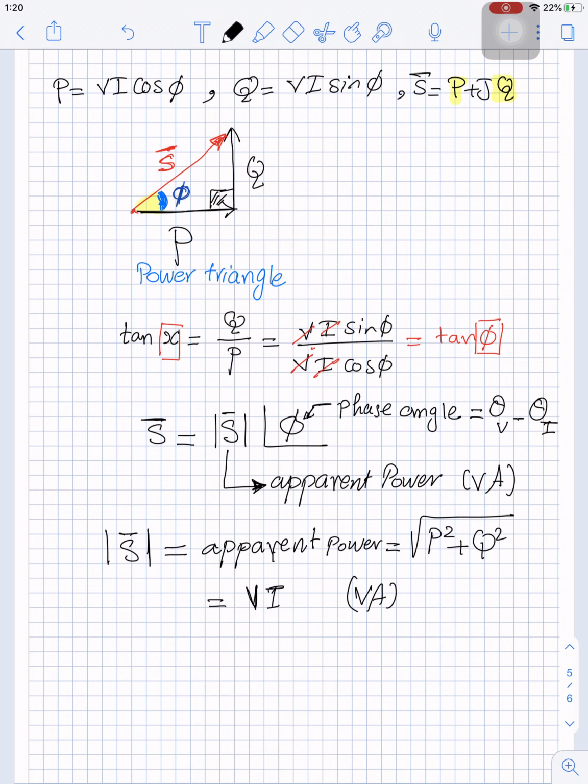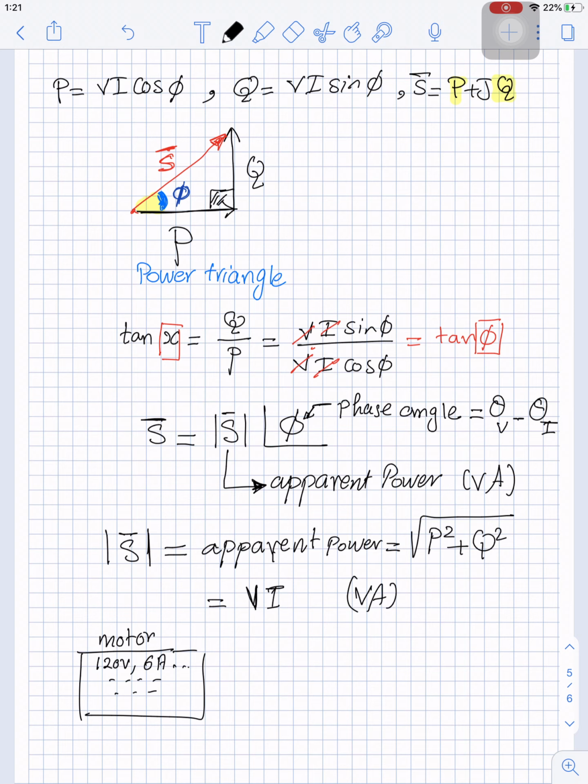Okay, so if you have a load, say this is a motor, and on the motor it is written that this motor is 120 volt, 6 ampere, whatever the information is. We call this the nameplate, which is a piece of metal attached to the equipment, and on it they write all the basic information for this equipment.